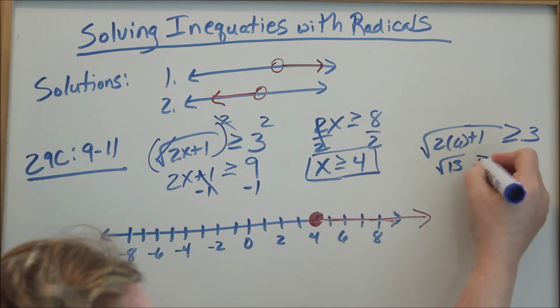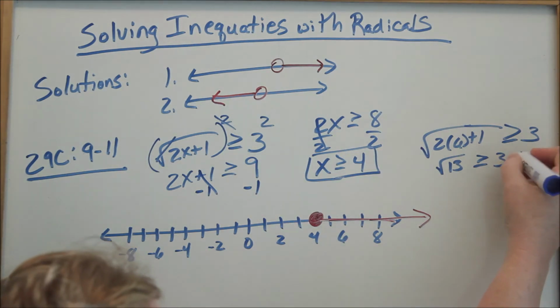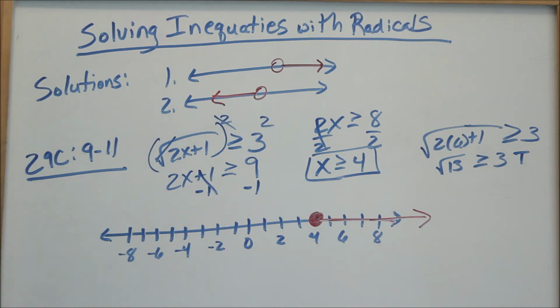So it'd be square root of 13 is greater than or equal to 3. And square root of 13, that would be not 4, 3 point something. I do know for sure. So that is a true statement. But that is the way you can check these.